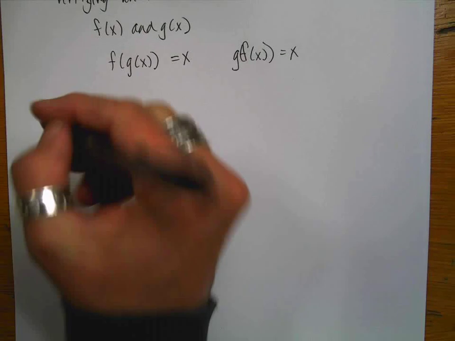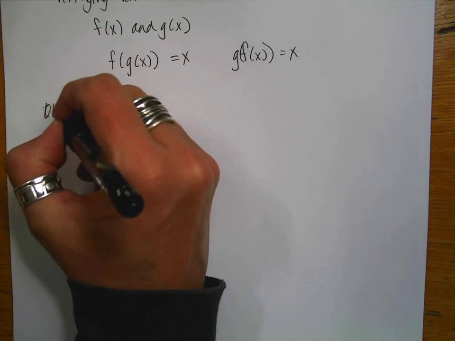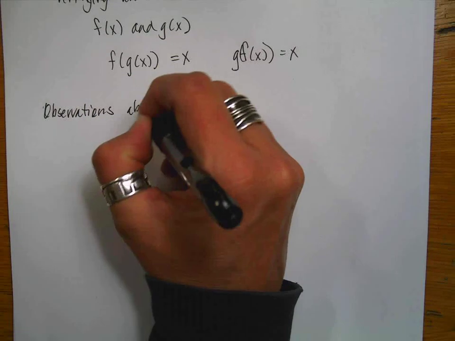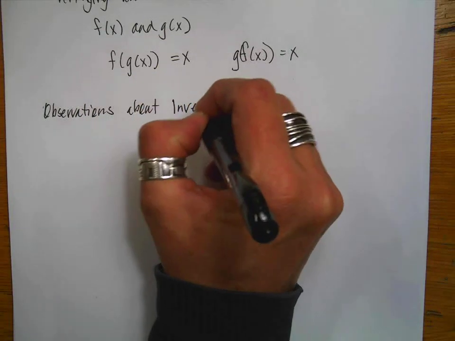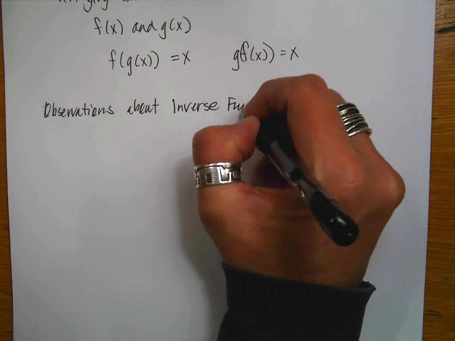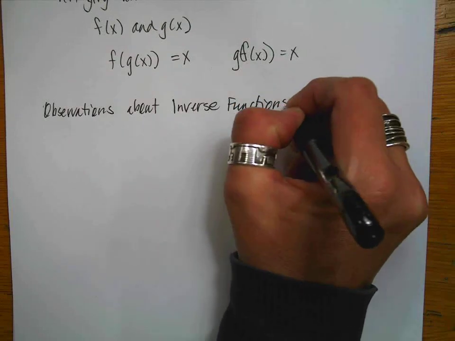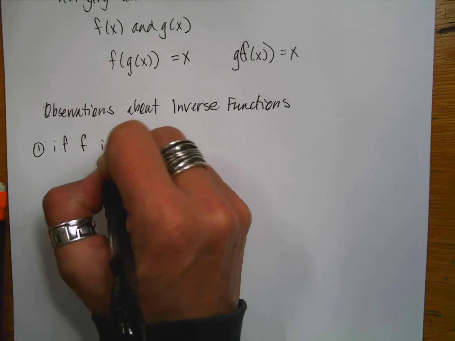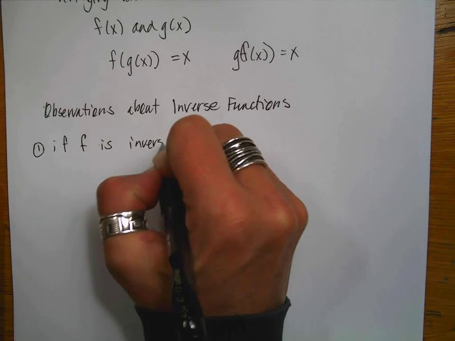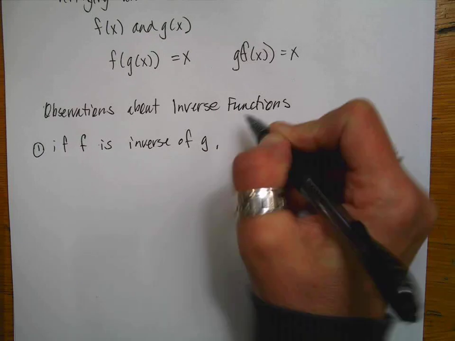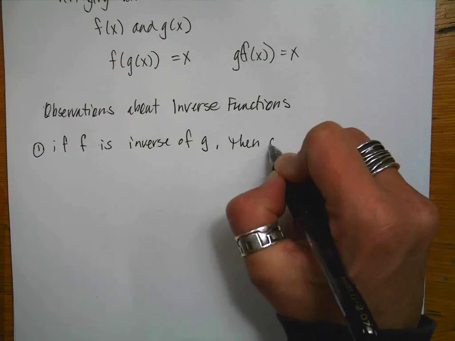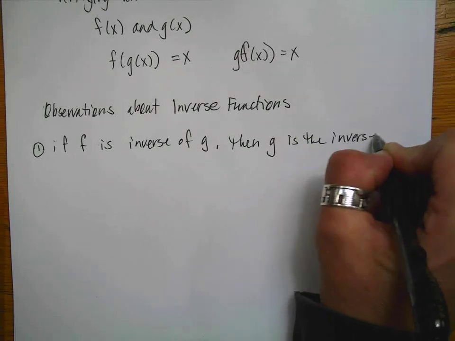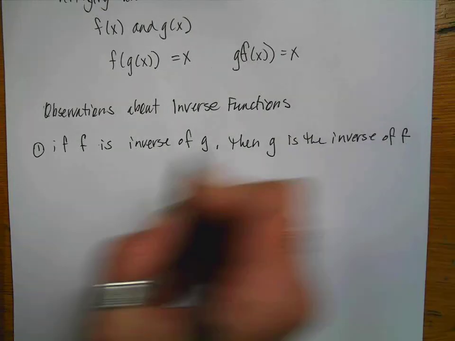Okay? I have some observations about our inverse functions. The first one is if f is the inverse of g, then by default, g is the inverse of f.